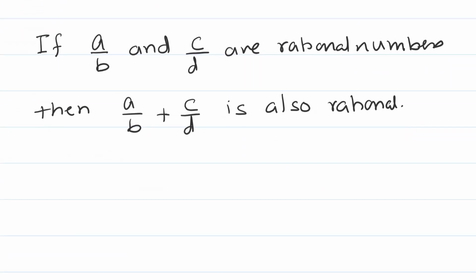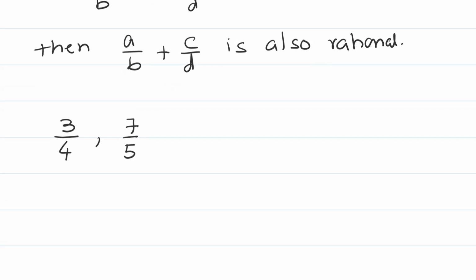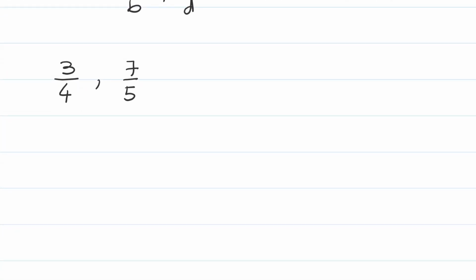For example, consider two rational numbers 3 by 4 and 7 by 5. We know that rational numbers are in P upon Q form, where P and Q are integers and Q not equal to 0. Now we will verify this property. We will add two rational numbers 3 by 4 and 7 by 5.